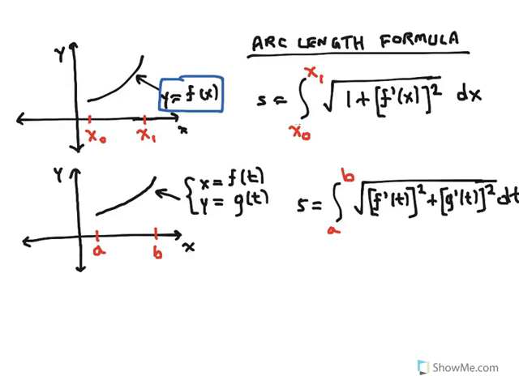Then we started learning about parametric equations, and we had the same problem in section 10.3, the problem of finding arc length. The only difference was that in section 10.3, our arc is now described by a set of parametric equations on the interval from t is equal to a to t is equal to b.